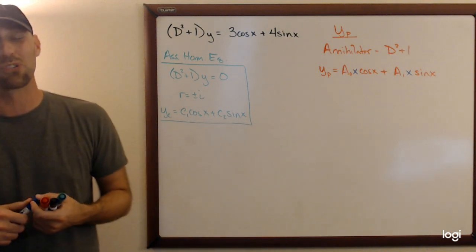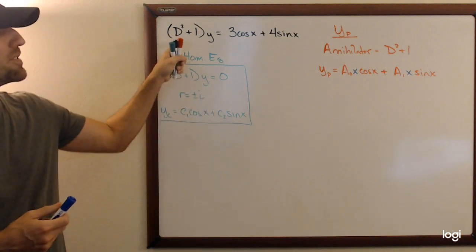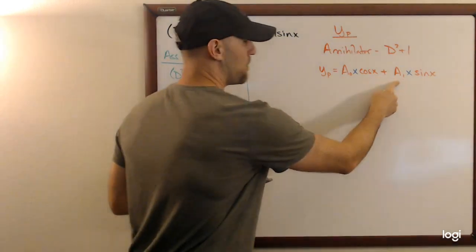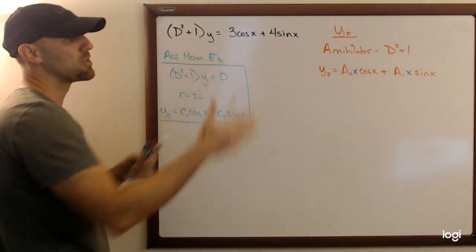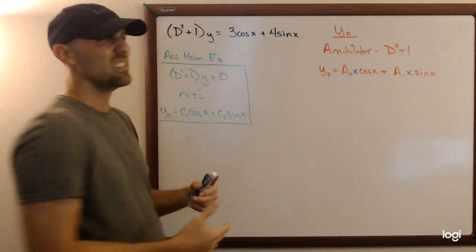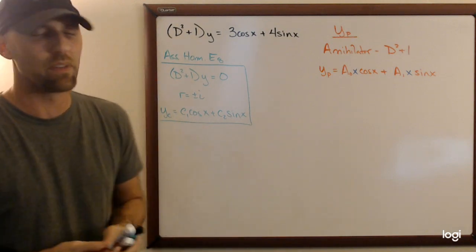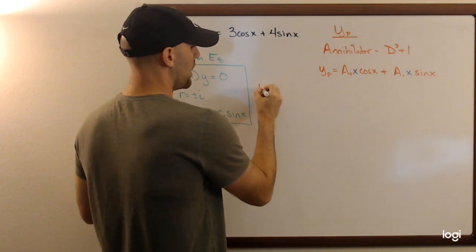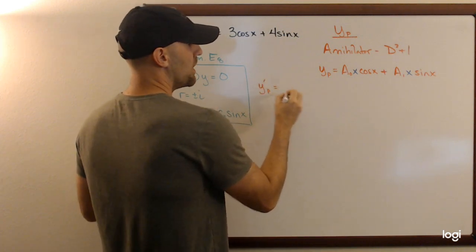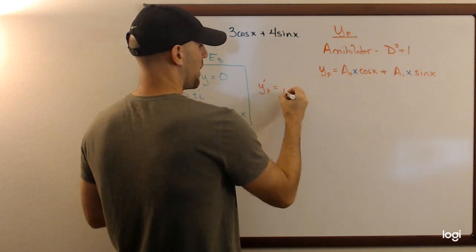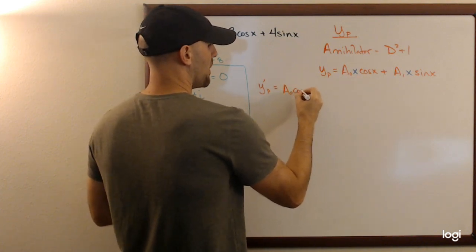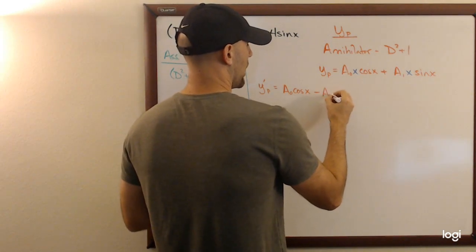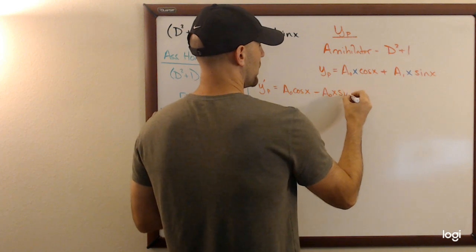Those extra x's are in there. They're also, unfortunately, kind of a pain because I got to take a bunch of derivatives to plug this thing back in. Remember, D squared, I got to solve for a naught and a1 by plugging it back in here, but D squared represents the second derivative of this. So, fine, all right. Let me go ahead and take a couple derivatives so we can see what it is we're working with. So y prime, that's going to be, okay, take a derivative here, that's a naught cosine x minus a naught x sine x.